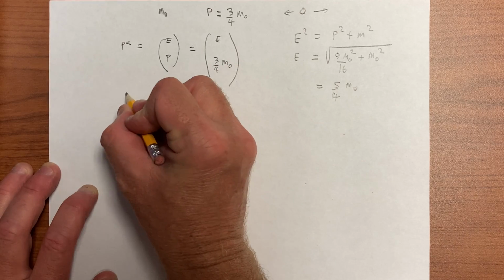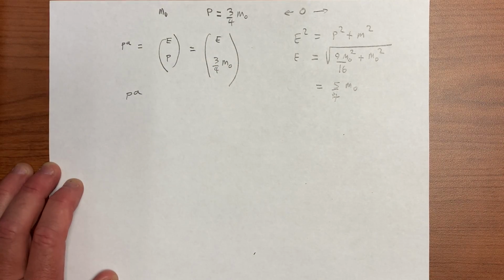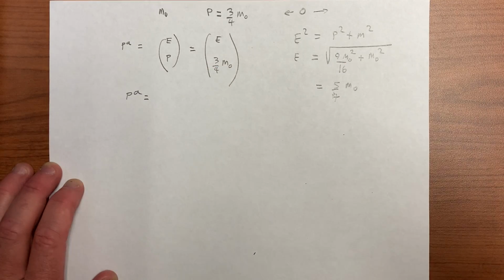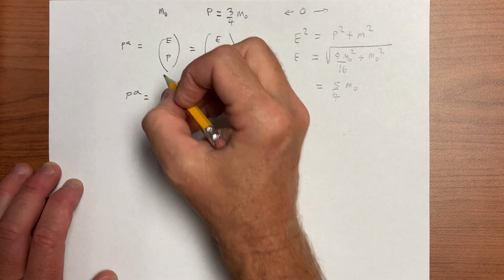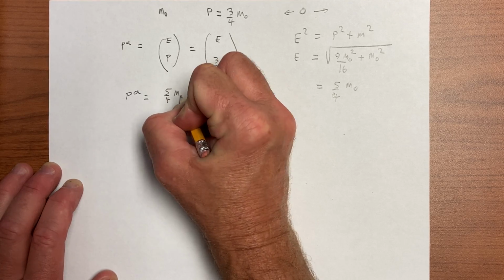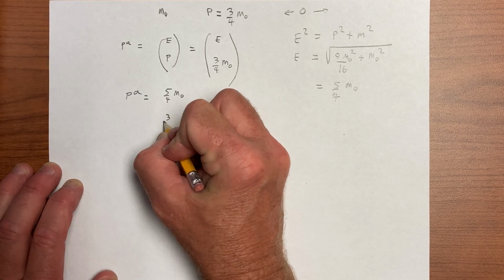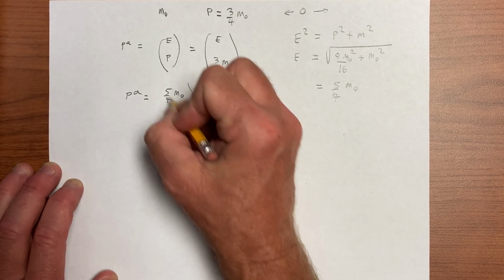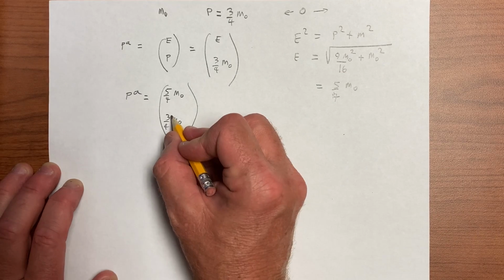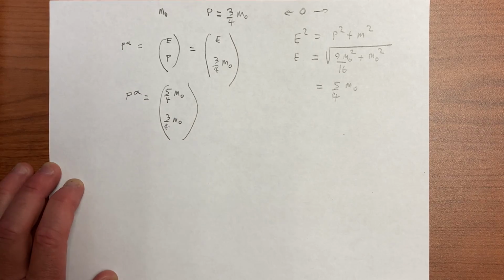And so we can say that the two momentum of this particle prior to decay is 5/4 m naught, 3/4 m naught, and if we put c in there, it's 5/4 m naught c squared, 3/4 m naught c.